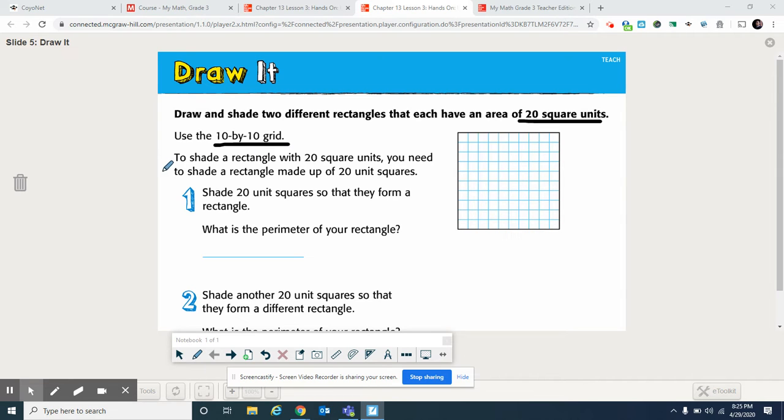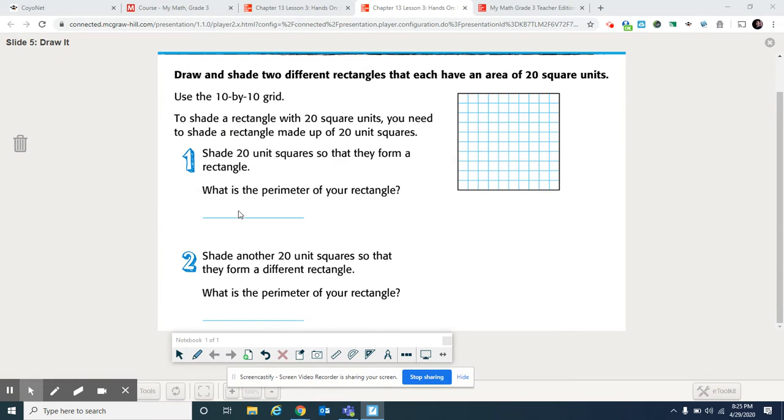To shade a rectangle with 20 square units, we need to shade a rectangle made up of 20 unit squares. The first step is to shade 20 unit squares so that they form a rectangle. That is for the first example.